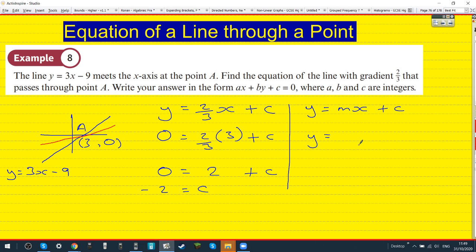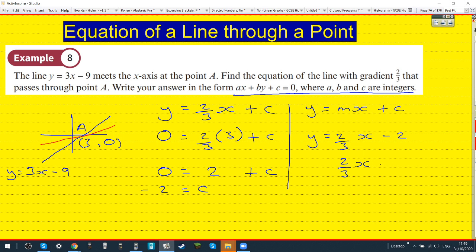So could you substitute minus 2 in as c? And then m would be the gradient. Does it matter which gradient you use? Or would it be 2 over 3? Yeah, we want the line that has the gradient 2 over 3. Well done. However, they want it in this form, where a, b, and c are integers. So you need to move y to both sides. So it'd be 2 over 3x minus y minus 2 equals 0.